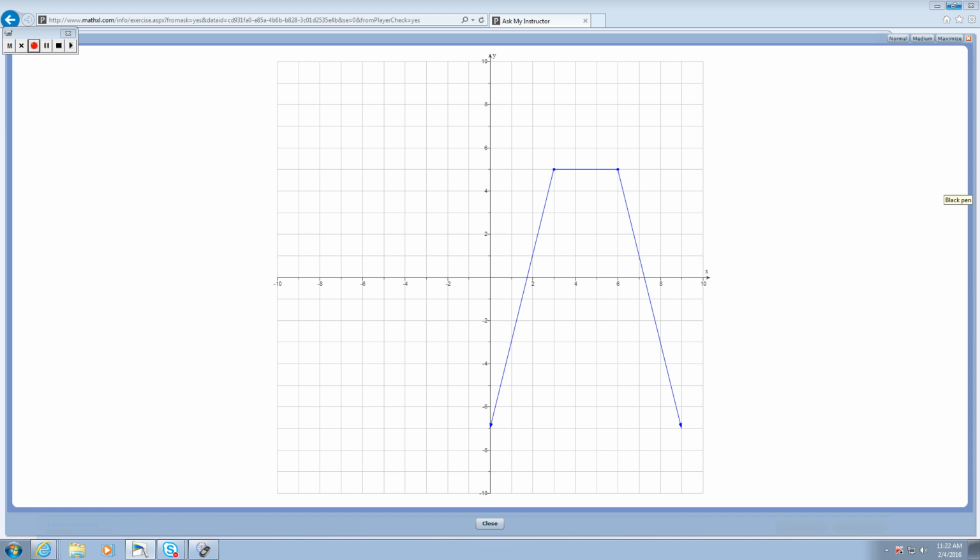Domain, as I said before, has to do with the x-axis, or the x values. Increasing and decreasing values have to do with the x-axis.